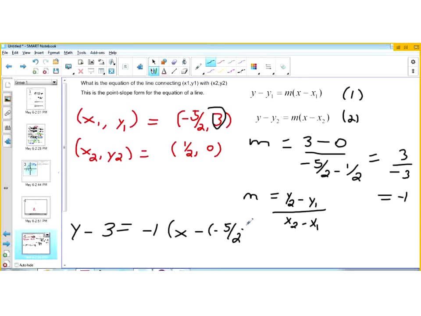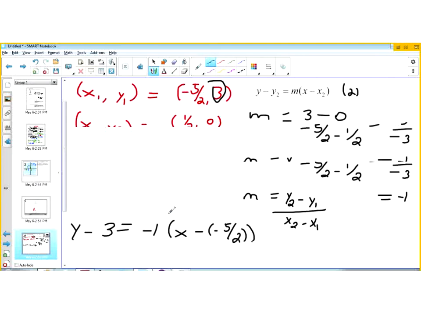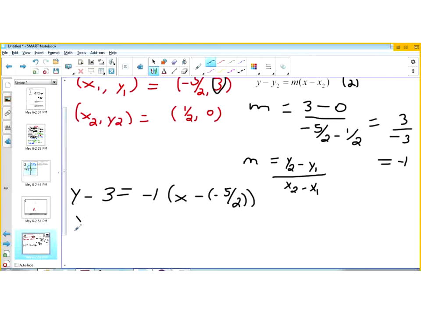And we'll simplify this. All right, so that we're left with y minus 3 is equal to negative x minus 5 halves. So check the algebra there.